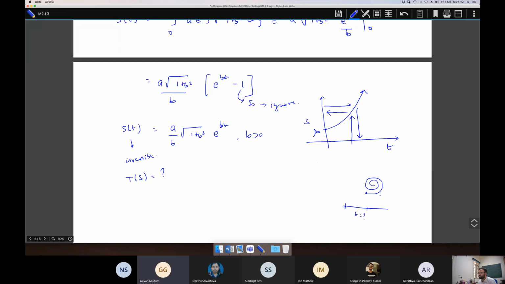So how can we do this from this expression? I want to write t as a function of s.